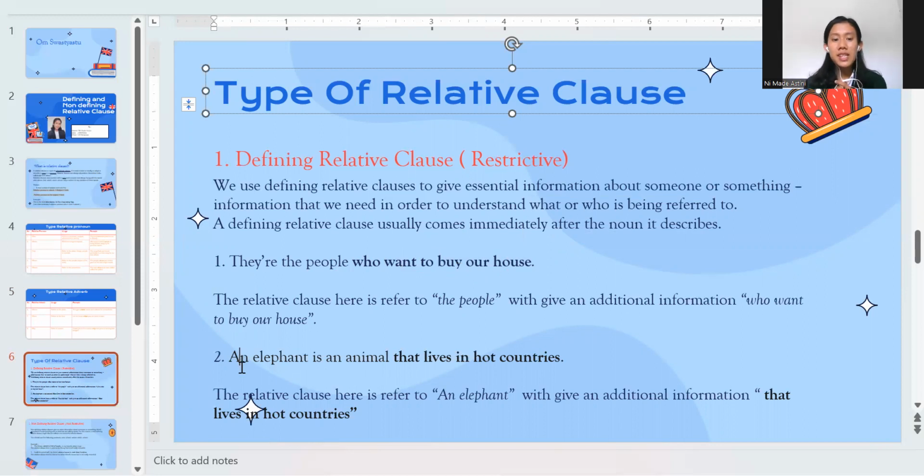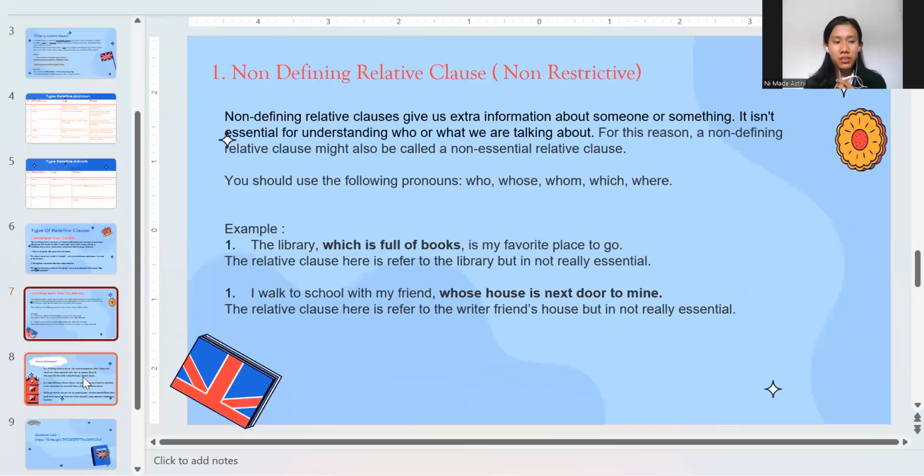Number two, an elephant is an animal that lives in hot countries. So that here is referred to the elephant and given additional information, the animal who lives in hot countries.